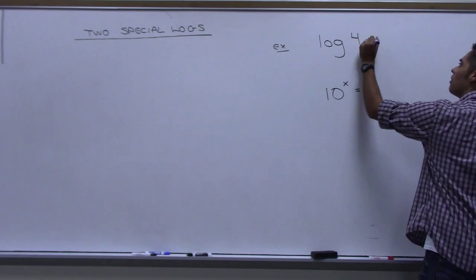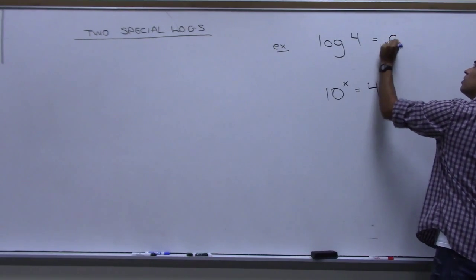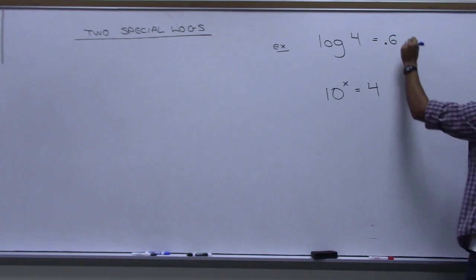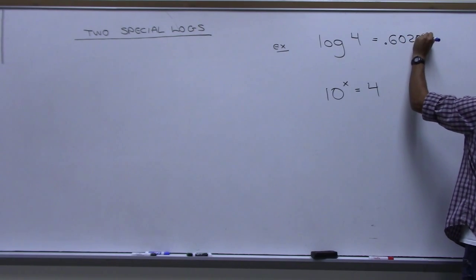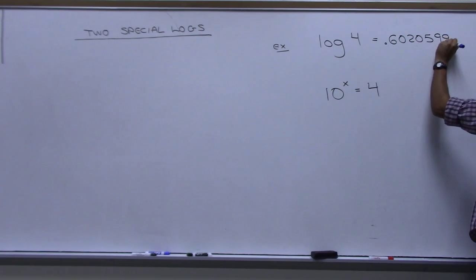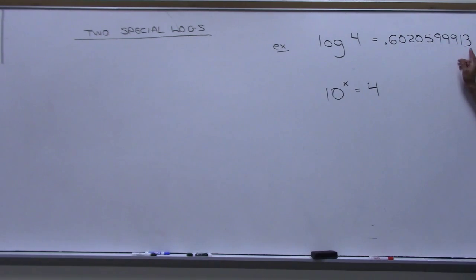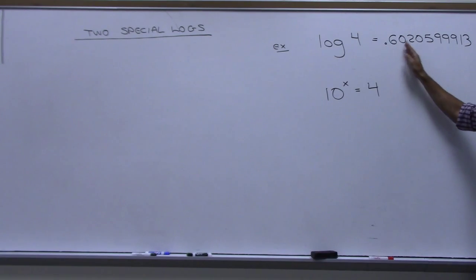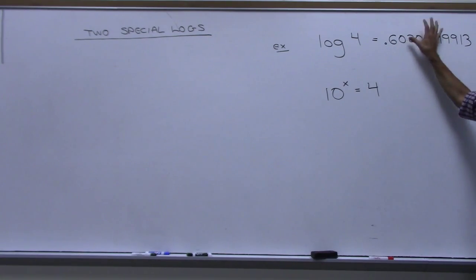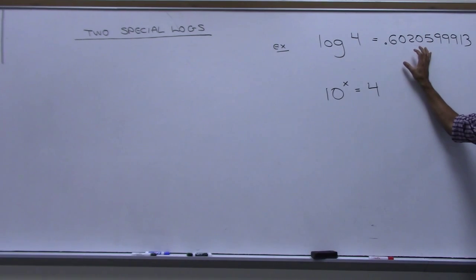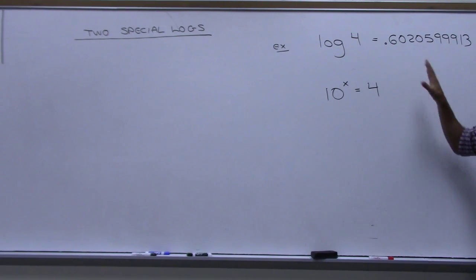According to the calculator, 0.60205999999913. Your calculator is going way out here, and we don't need to go that far right now, but as long as you're getting something like 0.60205, the first 4 or so digits, we're good? If you're not finding that on your calculator, let me know, and I can help you.